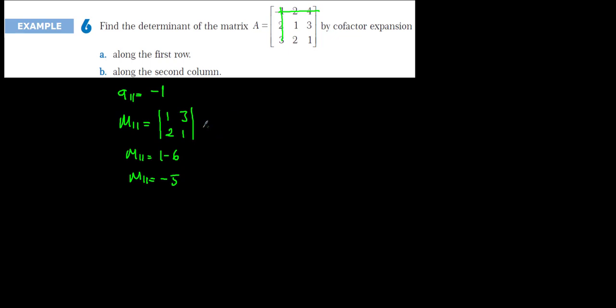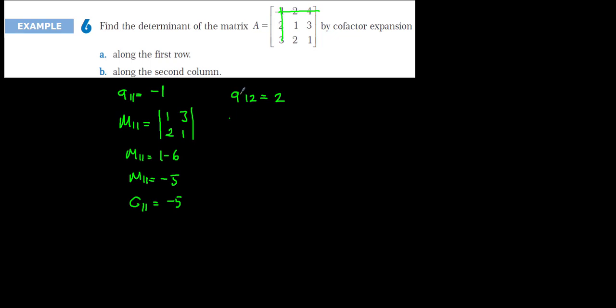Then A12 is equal to 2. By the way, I forgot here, C11 is equal to, when you add the powers it makes 2, so the power is even and you directly get it. If the power is odd, you get the negative of it.